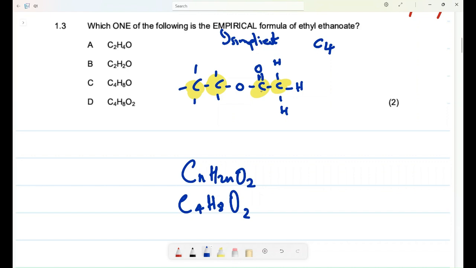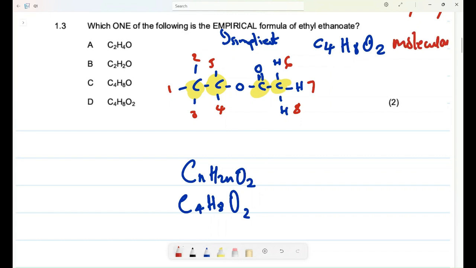Okay, now let's confirm. Hydrogen number we have one, two, three, four, five, six, seven, eight. So we have eight, as I predicted from the formula, H8. Then oxygen, how many of them? Two. Okay, O2. But this is the molecular formula.